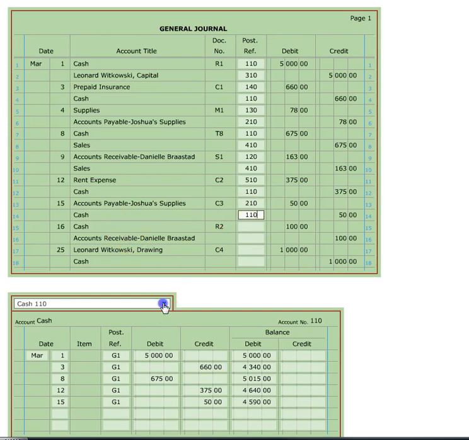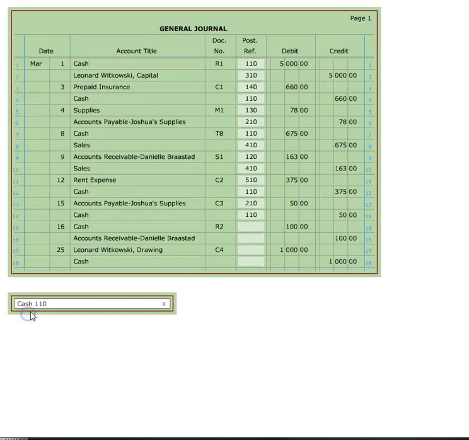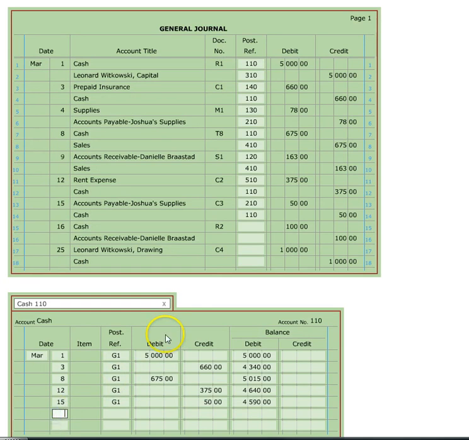Alright, cash. Oh, I could have just left that up. Cash on the 16th, General Journal 1. This time it is a debit because Danielle is paying us. So $100. So we are at $4,690. Posted that to 110.